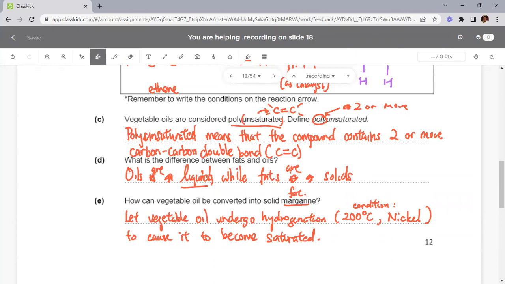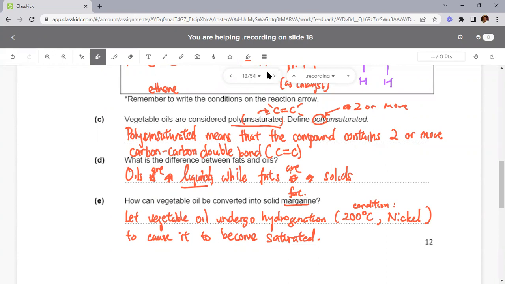So the unsaturation is going to become saturated. That's what they do. They do hydrogenation to convert all the C double bond C into C single bond C. So this is for hydrogenation.